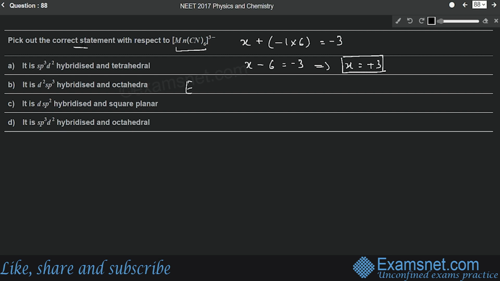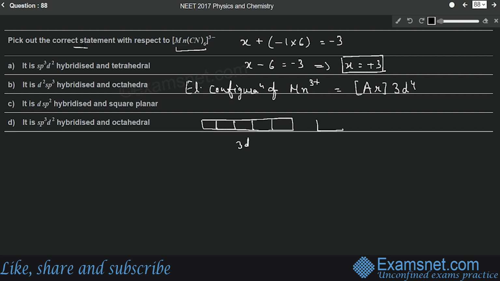So what will be the electronic configuration? Electronic configuration of Mn3+ is equal to that of argon and then 3d4. Now let's draw the orbitals here. This is the 3d orbital, so we have 1, 2, 3, 4, 5. Then this is 4s orbital. This is 4p orbital. Now we have 3d4.